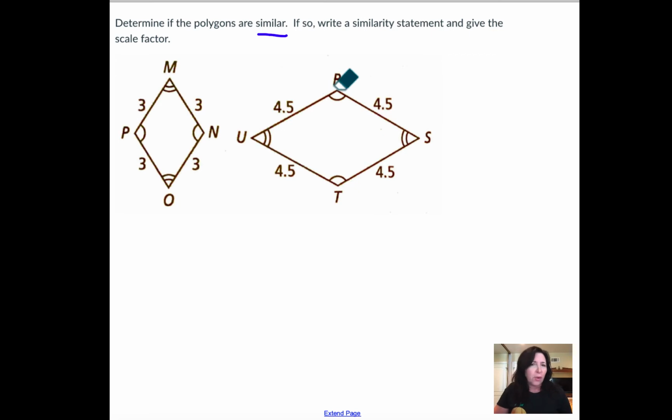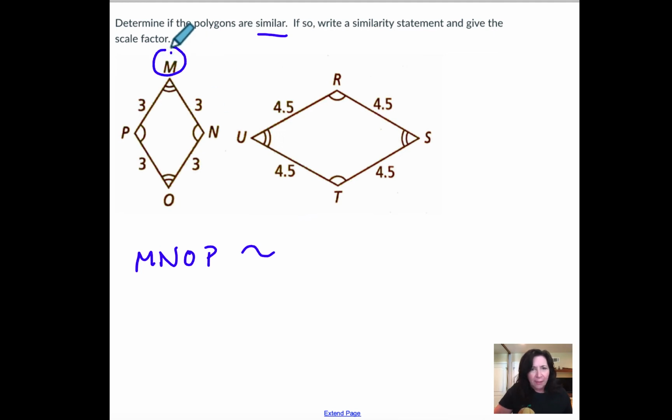proportional. And so let's see. And not just any side, I mean all the way around. So I'm just going to start with M because that's the smallest letter here. So let's say MNOP. And our question is, is this similar?